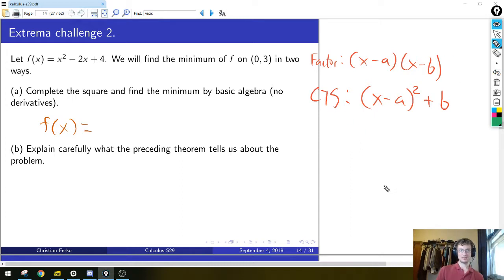I am inclined to believe that we can split that 4 into 3 plus 1. Good. Okay, so let's do that. Plus 1, plus 3, and then what? And we can factor the left bit to see that this is going to be x minus 1 squared plus 3.